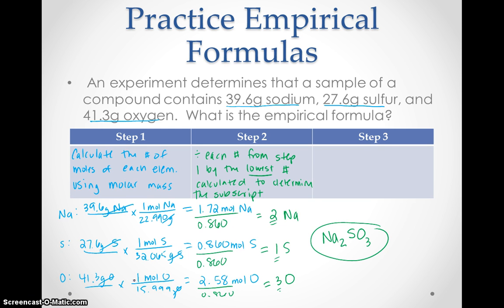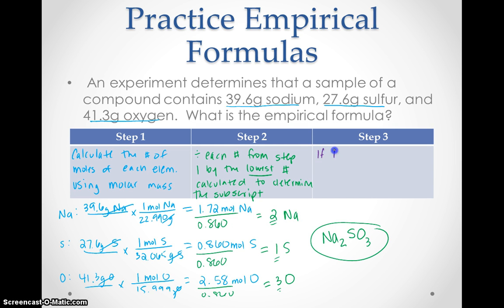Not every single empirical formula problem is going to make it all the way to step 3. Only some of them will. So you can be done after step 2 if these are all whole numbers. Step 3 comes into play if these are not whole numbers.